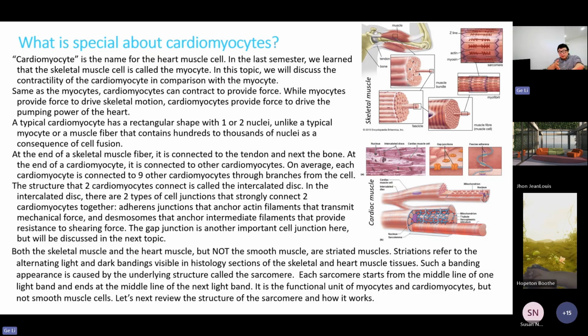Even though each single molecule is too small to recognize even under a microscope, when they join together one by one, aligned very straight, you can see a pattern under a microscope, and this pattern is called striation. So both skeletal muscle and heart muscle have sarcomeres, showing striation. That's the common thing between the skeletal muscle and the heart muscle.